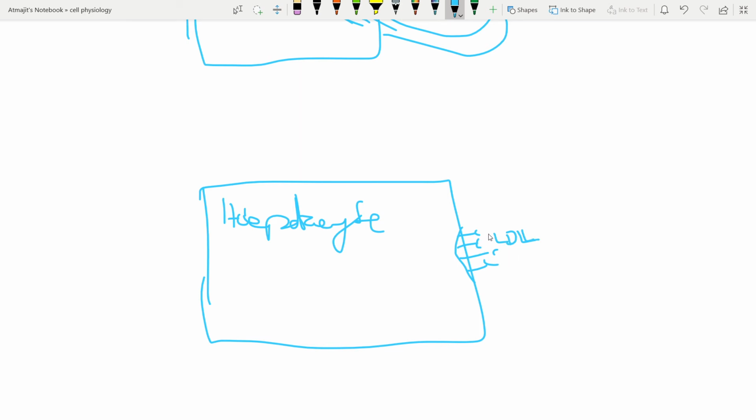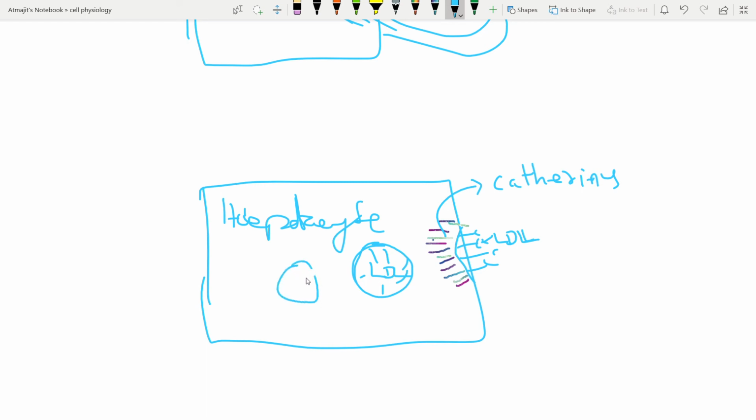Then LDL will connect here, and some molecules present here will pull the cell membrane inside. These molecules are called clathrins. These molecules pull the membrane inside, and it will create a vacuole, or we will call it a vesicle, and here both the receptors and LDL are present.